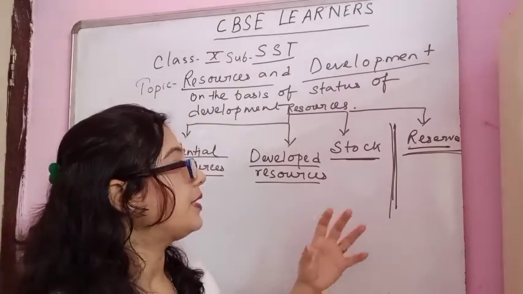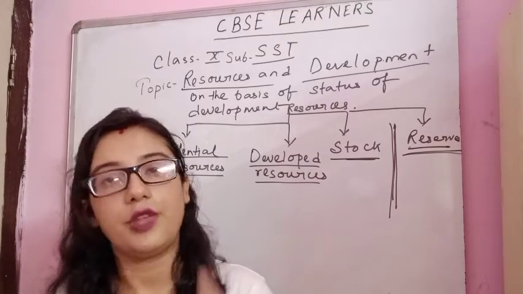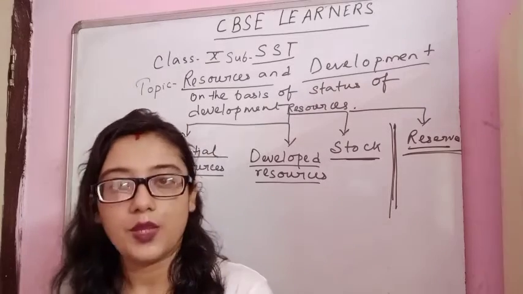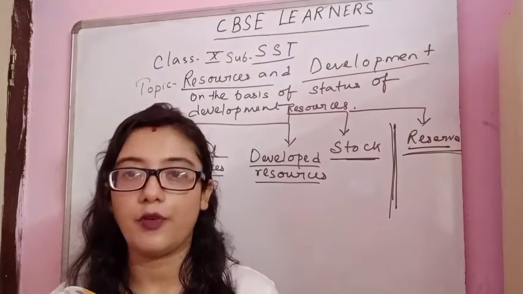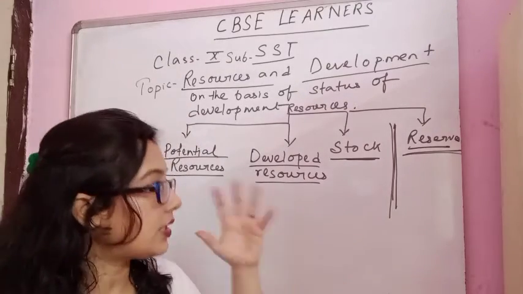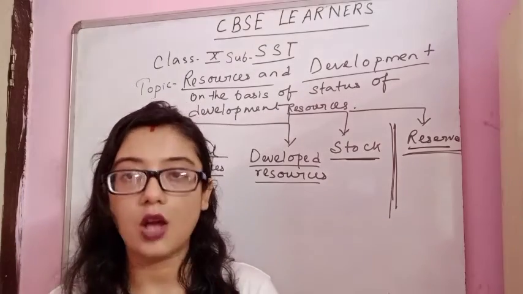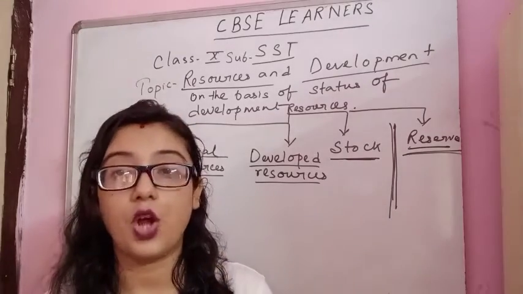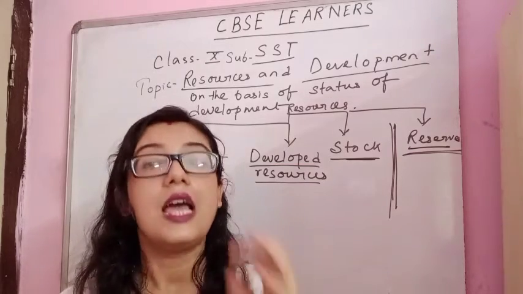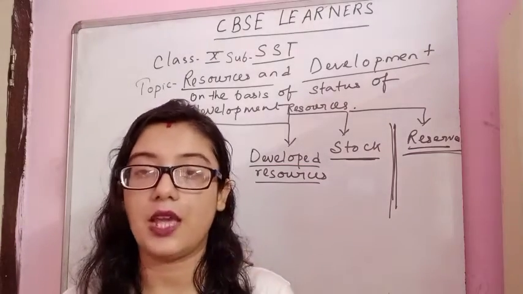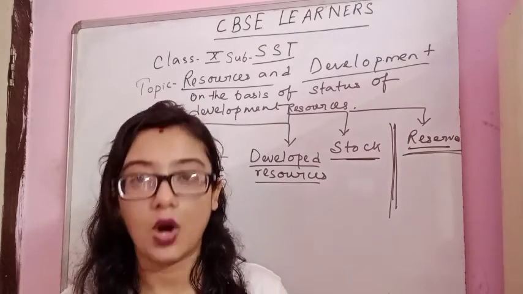For example, take hydroelectricity. We have the technology to modify the river and use the river water to produce hydroelectricity, but we keep it for future use. Stocks are resources, but we do not have proper technology to use them. I have said several times that technology and institutions are very important to modify resources.